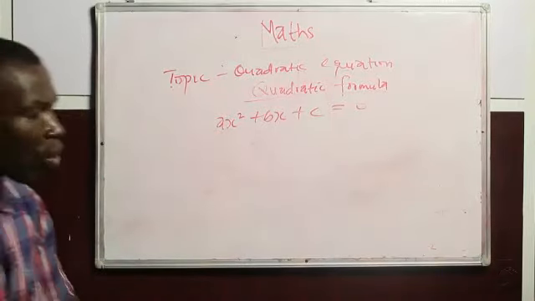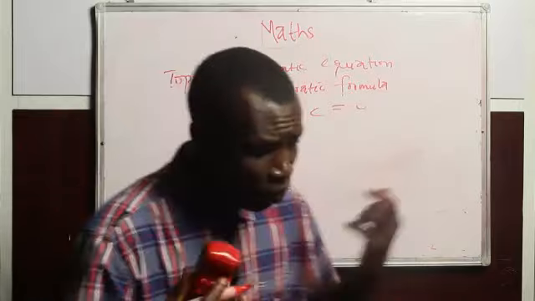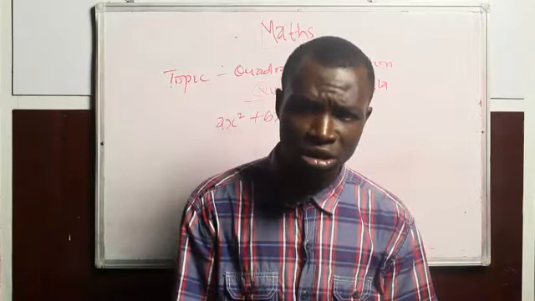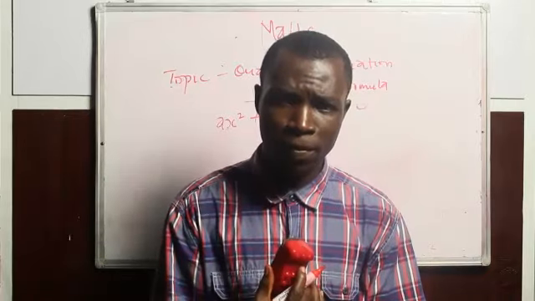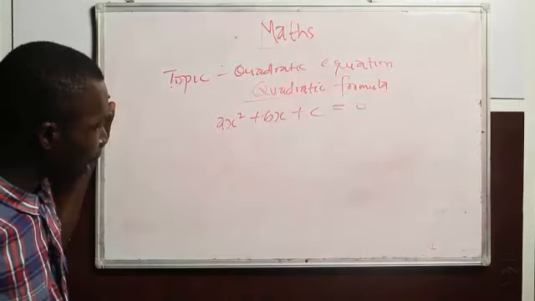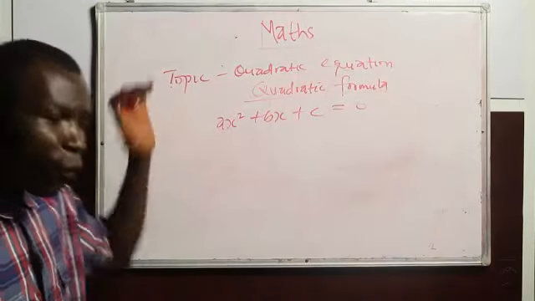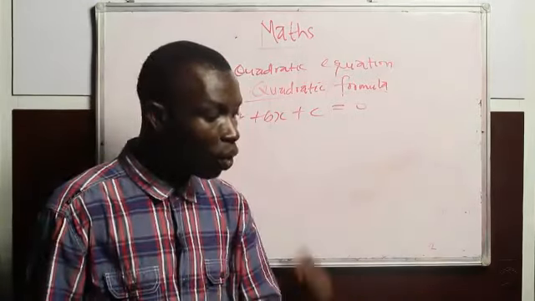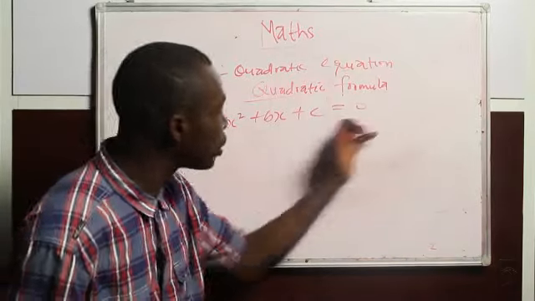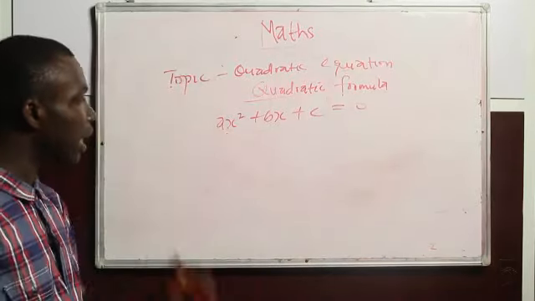So how do we solve? How do we find the value of any quadratic equation using the quadratic formula? Now, to prove the quadratic formula, here we are. The first step we have to know is that we have to divide a all through, because the coefficient of ax squared is a.